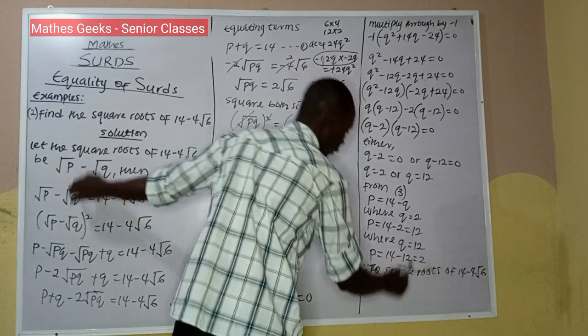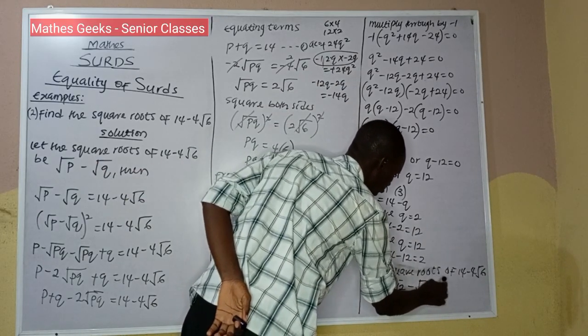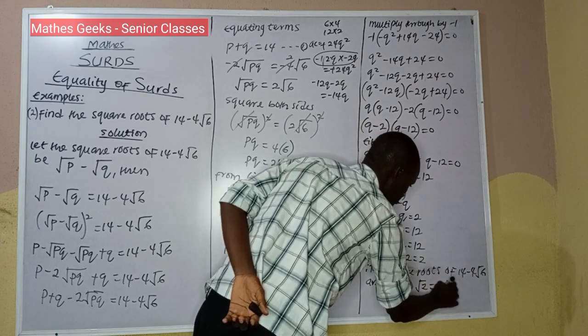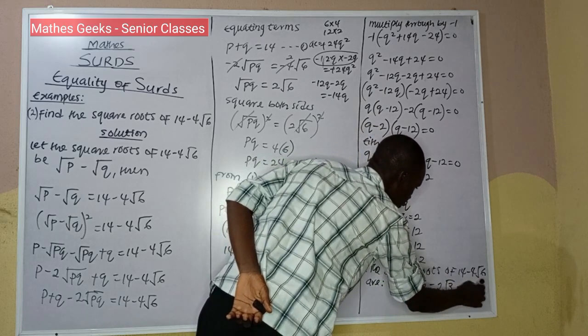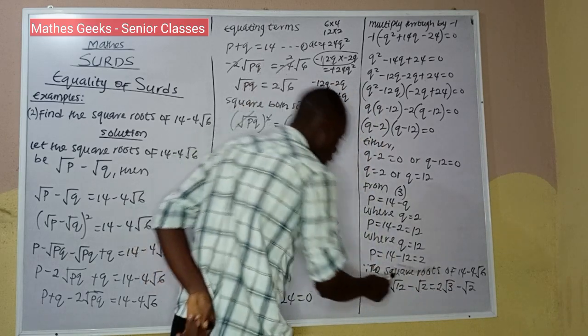If p is 12, that's root 12 minus root 2. Now this can be converted to 2 root 3 minus root 2, since 2 root 3 is the basic form of root 12.